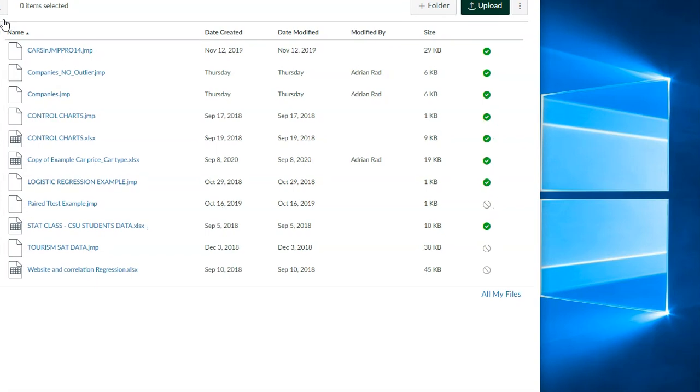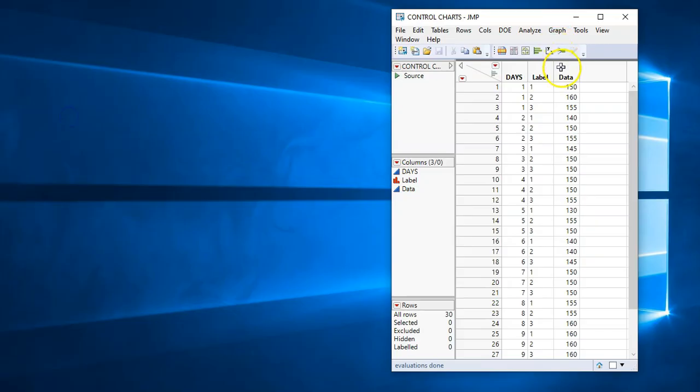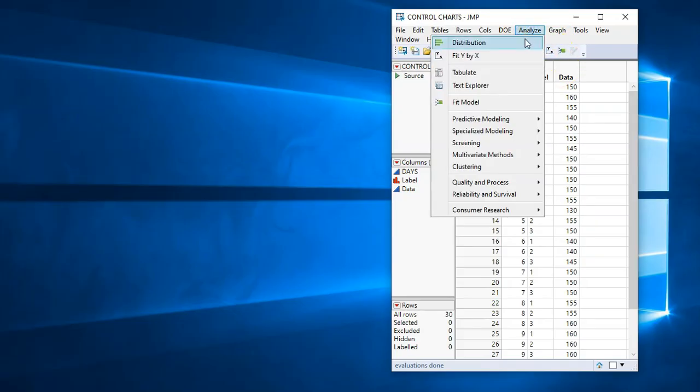Under data, so we go to files, we go to data, and under data you can see control charts.jmp. It's supposed to be days, Professor. Yeah, sorry. Where is that?